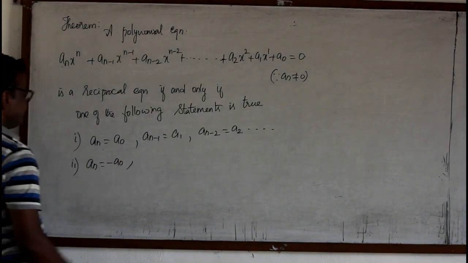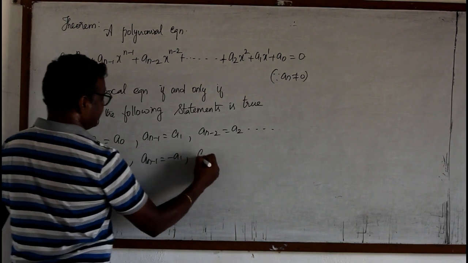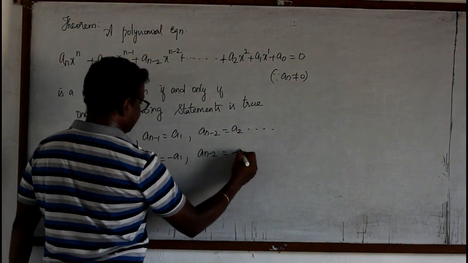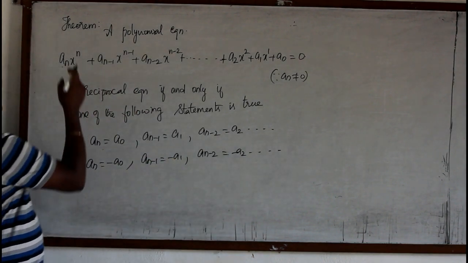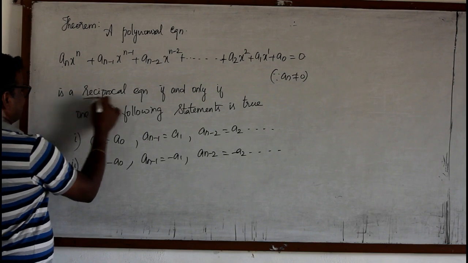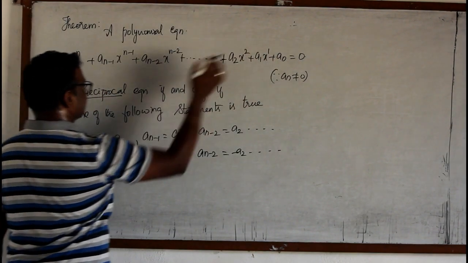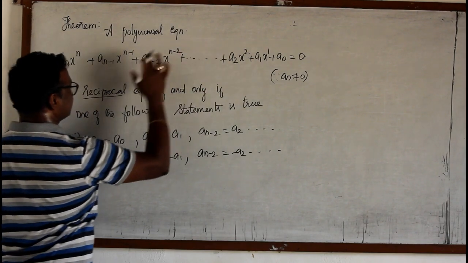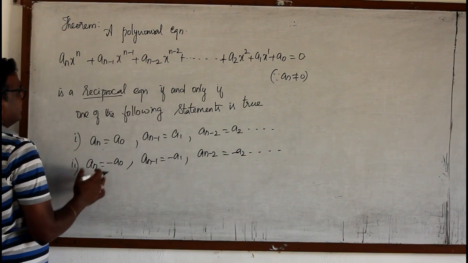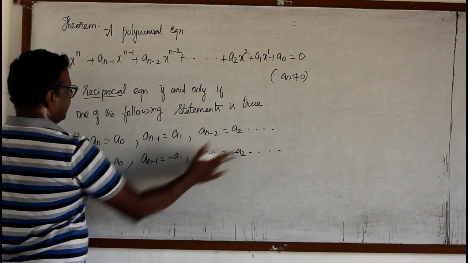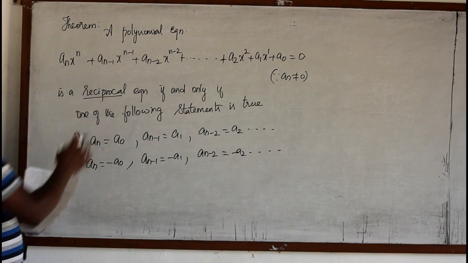If it is in negative terms also, the reciprocal rules will occur: a n minus 1 is minus a1, a n minus 2 is minus a2, etc. So this is a theorem. An equation is called a reciprocal equation if the coefficients of the first term and the last term, and simultaneously the next two terms, are equal, or they may be equal in value but opposite in sign. Then also we say the equation is called a reciprocal equation.